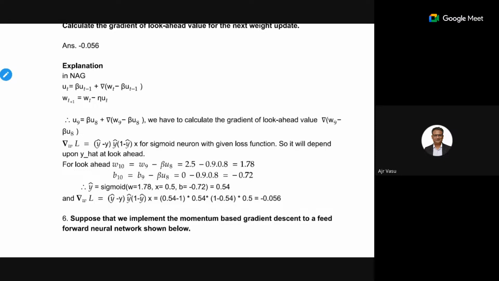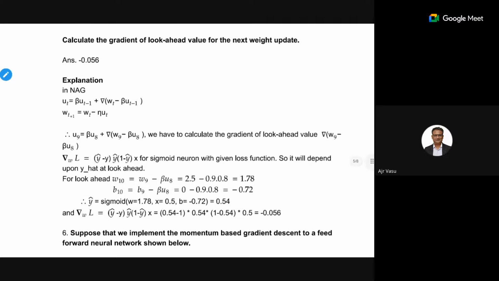For Sigmoid. But others who have also answered can help. It's not that. So this should be U9. So U9 has never been calculated. So I don't know what I'm missing. U9 is never calculated.